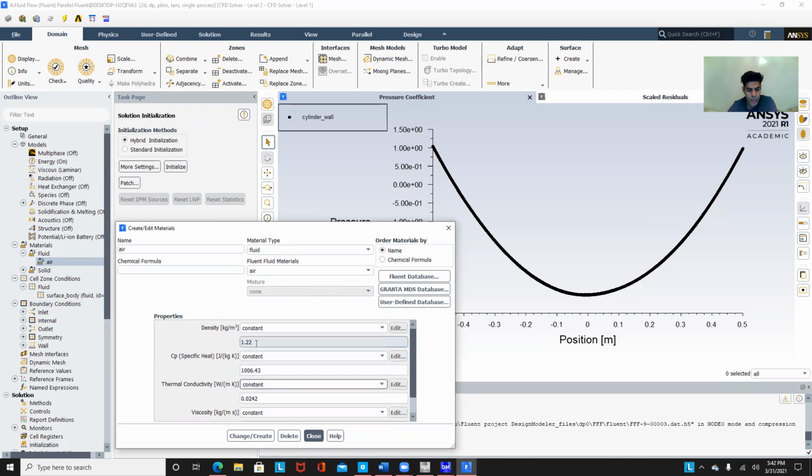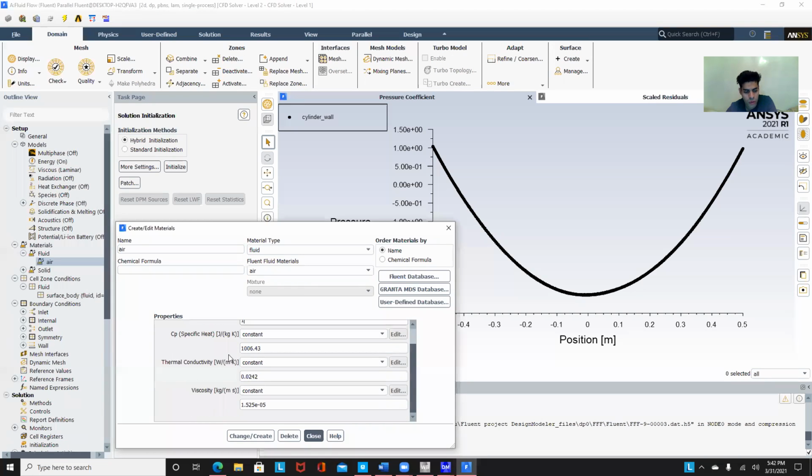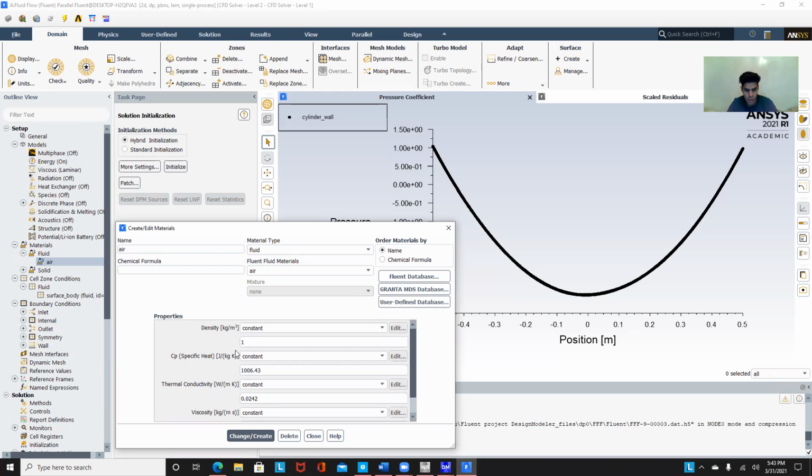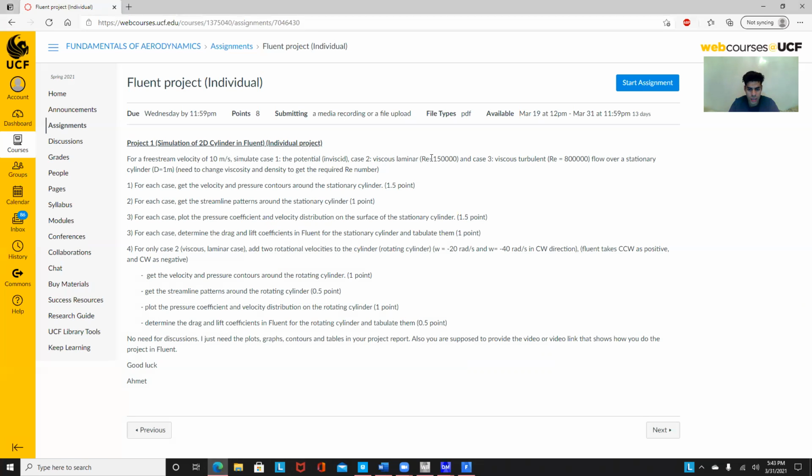I used 1 kilogram per meter cubed for my density, but for my viscosity, I used 6.6667e-05. I'm just going to click change create, and then I'm going to show you guys that I'm getting that Reynolds number that was asked here, which is 150,000.